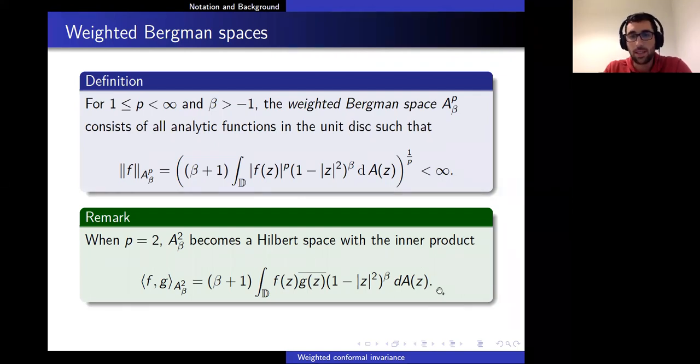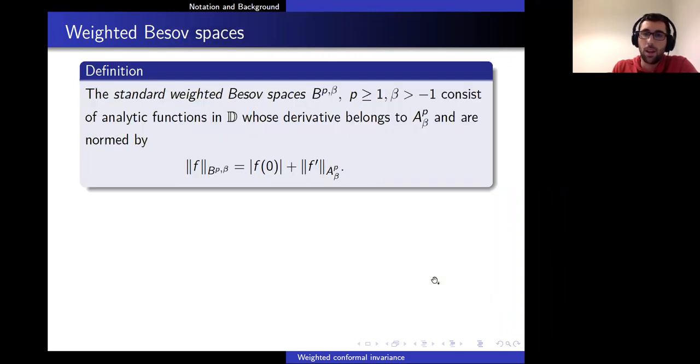So now the last spaces that I want to present in this part will be the weighted Besov spaces. The weighted Besov space B^p_β consists of all analytic functions in the unit disk whose derivative belongs to this weighted Bergman space A^p_β. We can equip this space with this norm, or also, for example, with this equivalent norm.